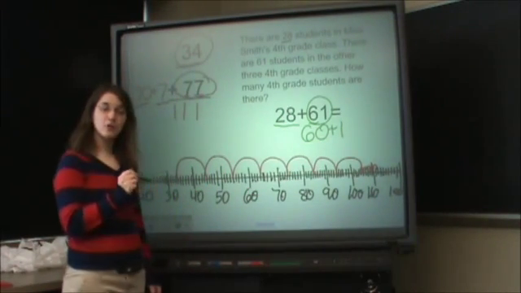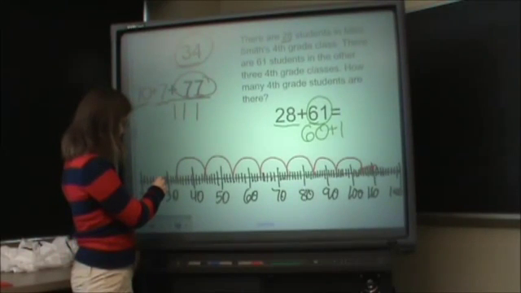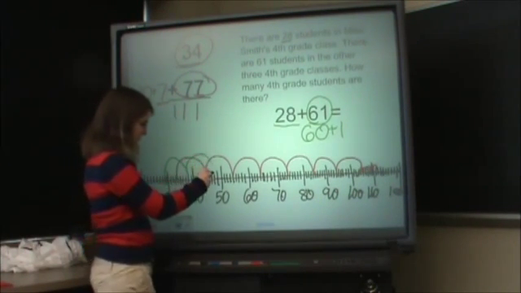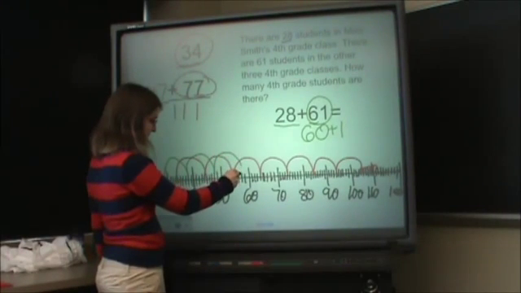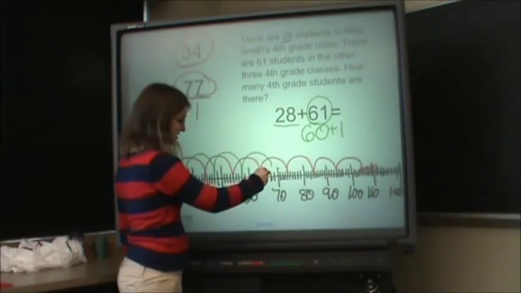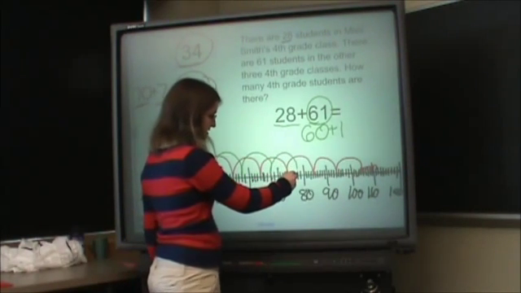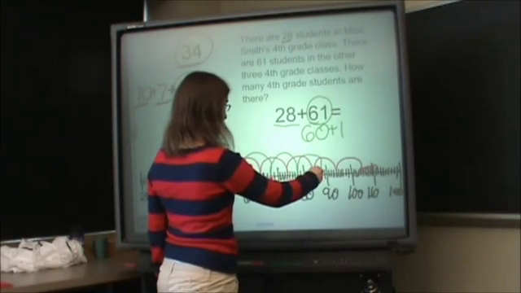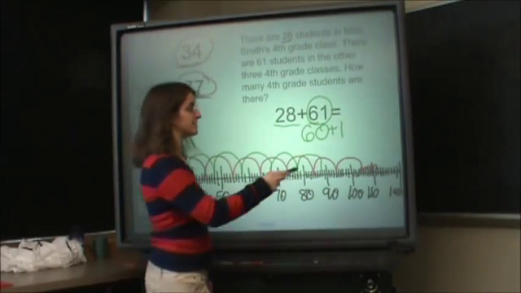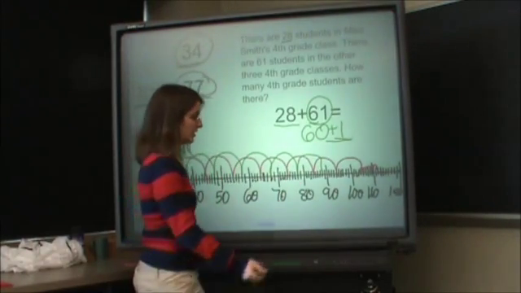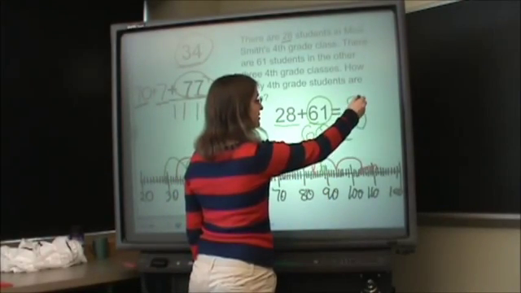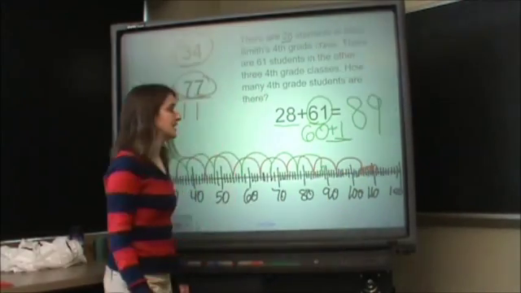So we're going to hop forward 60 first, so 28 to 38, to 48, to 58, to 68, to 78, to 88. And then I still have to hop forward one more. So 88 to 89. And that's how I know my answer is 89.